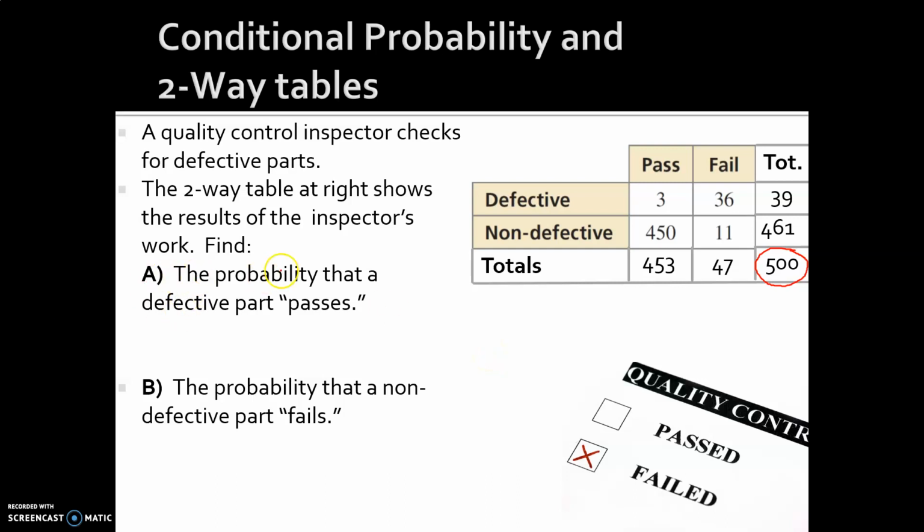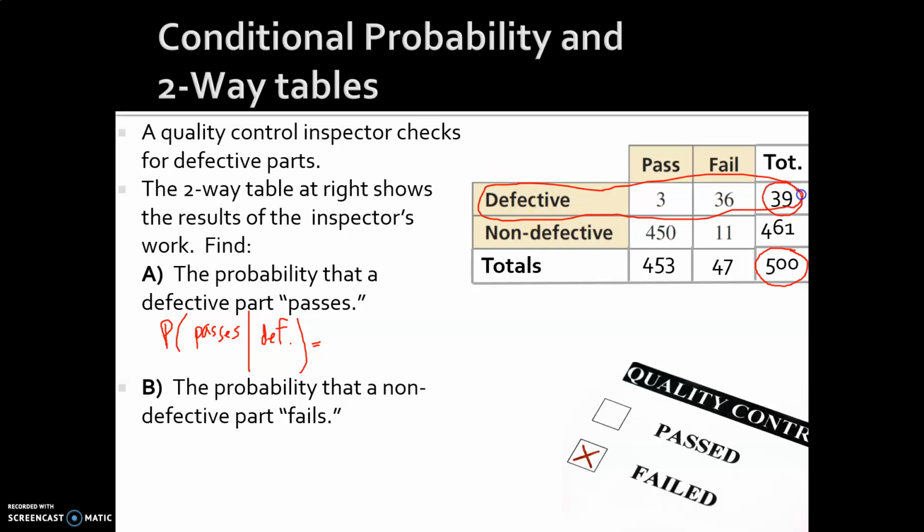So for part A, we're going to find the probability that a defective part passes. Okay, so this is called conditional probability. So this is how it would look written out with the appropriate notation. What is the probability that a part passes given that it is defective? Okay, so in other words, we have a defective part.